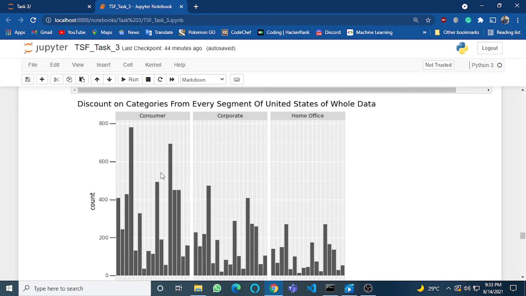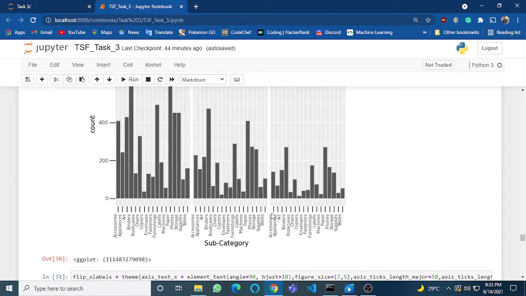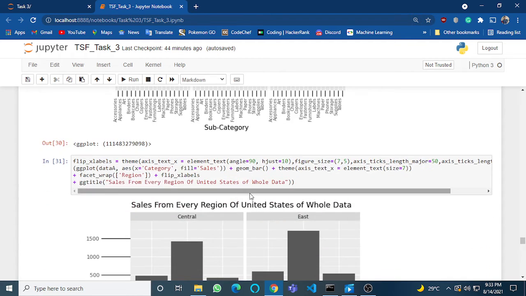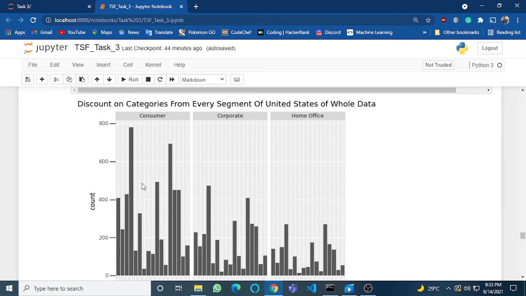Next, we can also draw some insights on the discounts of categories of the United States of the whole data. As you can see here, the values are high in consumer and low in home office.